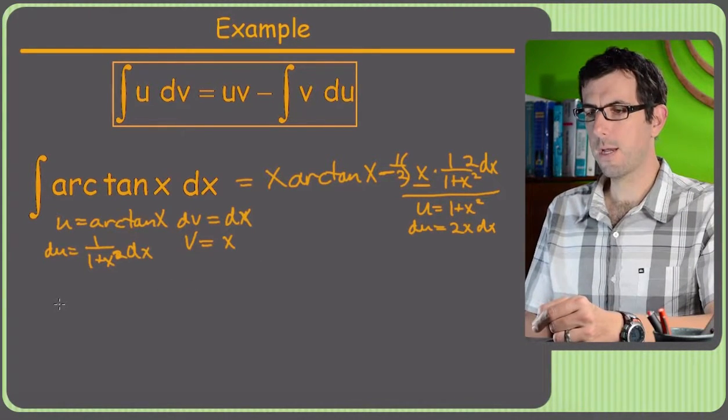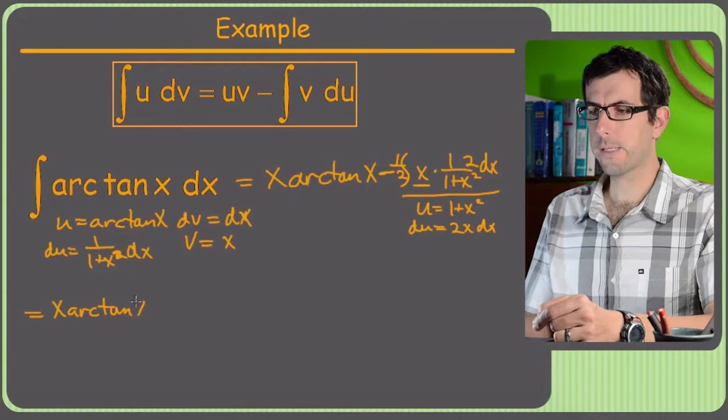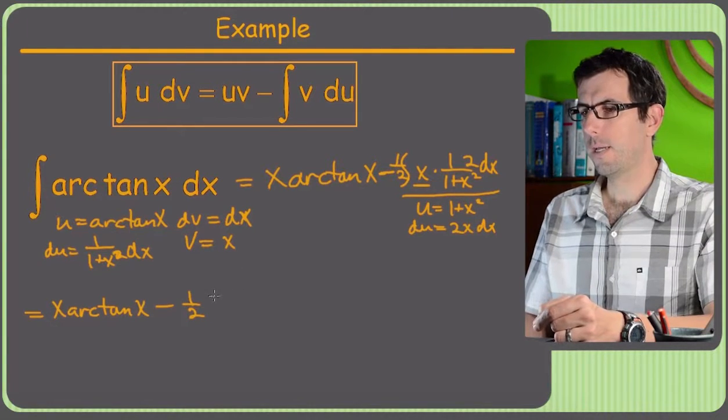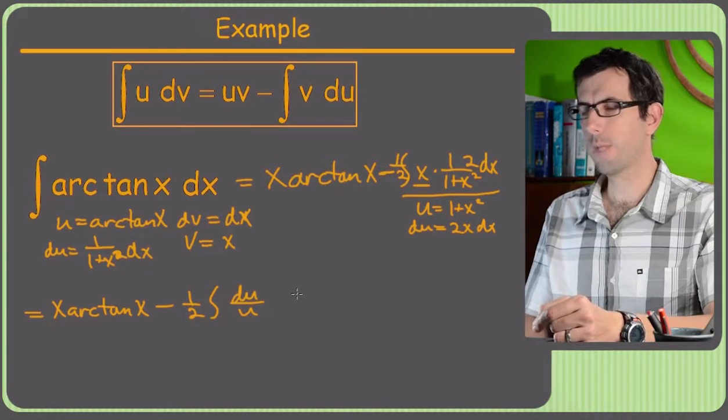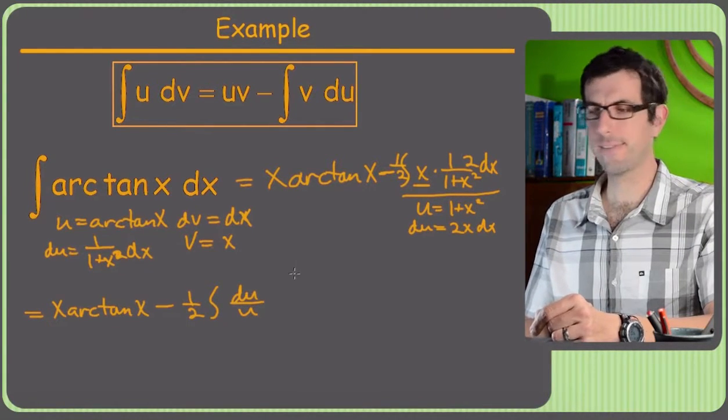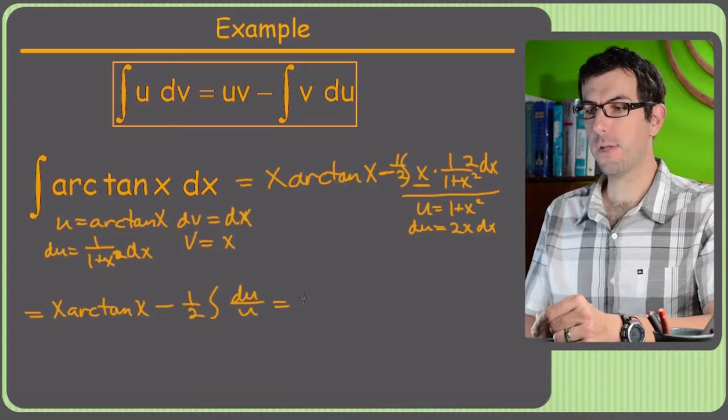So at that point, I've just got x arctan of x minus 1/2 times the integral of du over u. And what is the integral of du over u? Natural log.